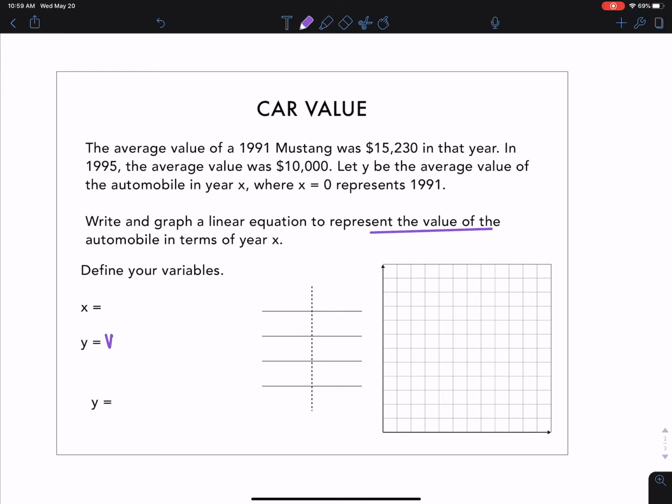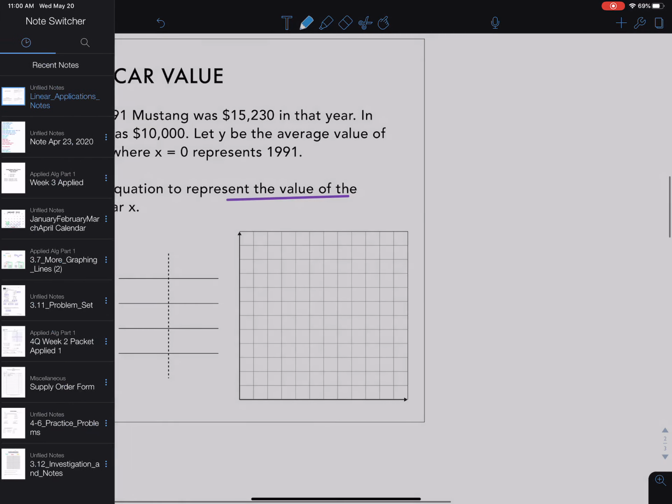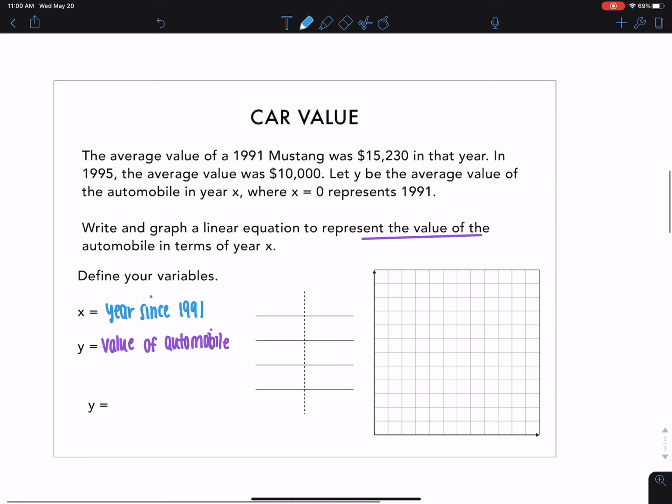So y is going to be the value of the automobile. And x is going to be the year since 1991. And then you can come up with your equation.